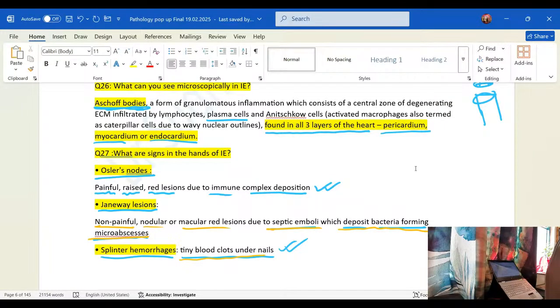It consists of a central zone of degenerating extracellular matrix, infiltrated by lymphocytes, plasma cells, and Anitschkow cells. Okay, Aschoff body, a form of granulomatous inflammation with lymphocytes and plasma cells, in all three layers of the heart.